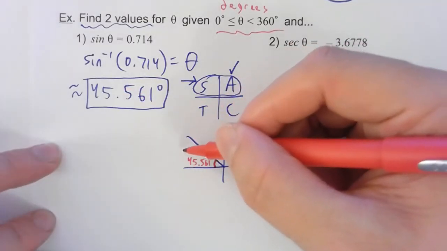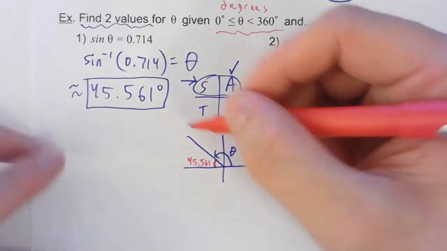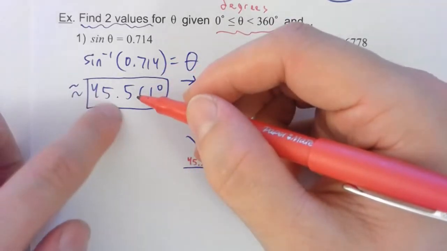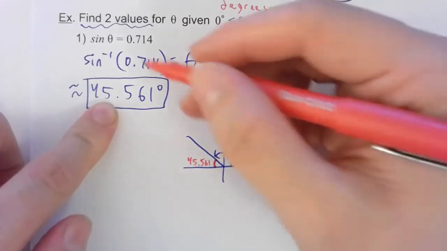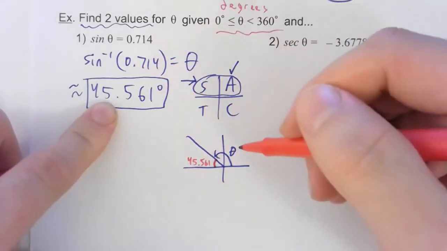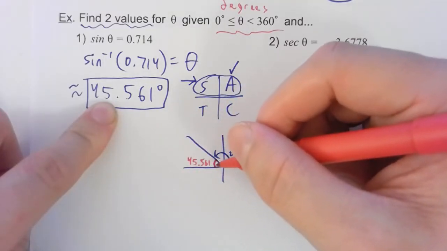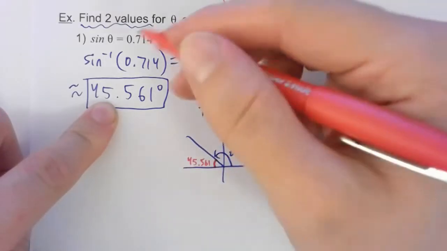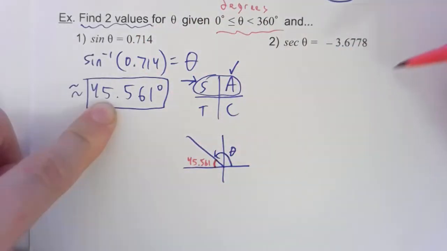If you drew a reference triangle right here, the opposite over hypotenuse, because this was an answer here, we know that for this angle, the opposite over hypotenuse equals 0.714. Well, we still want that to be the case. So this angle has to still be the same, so that the opposite over hypotenuse is still 0.714 if we drew in a reference triangle.